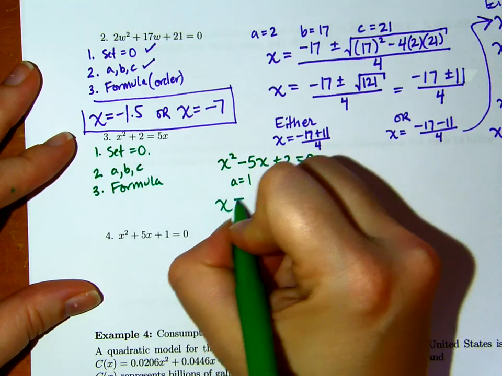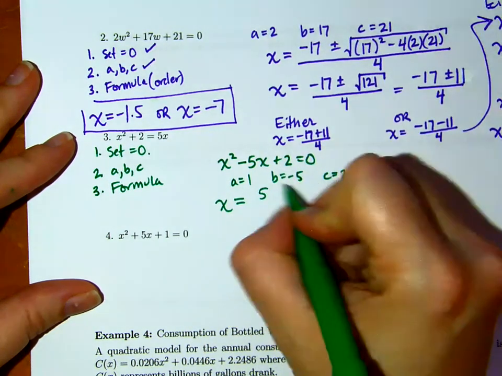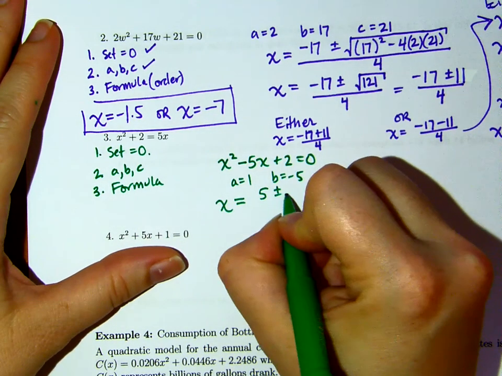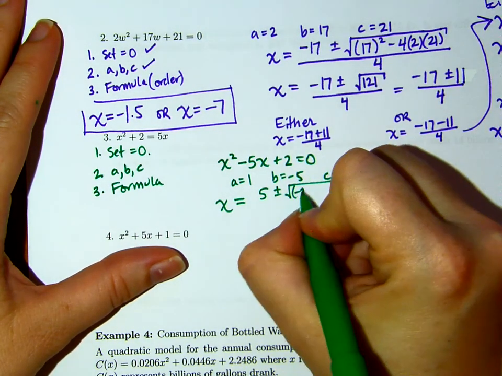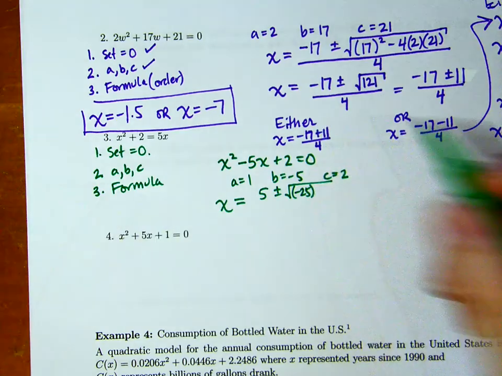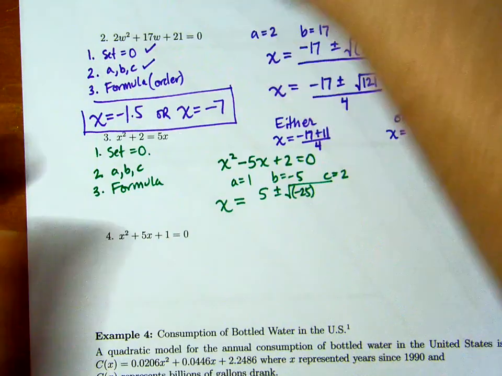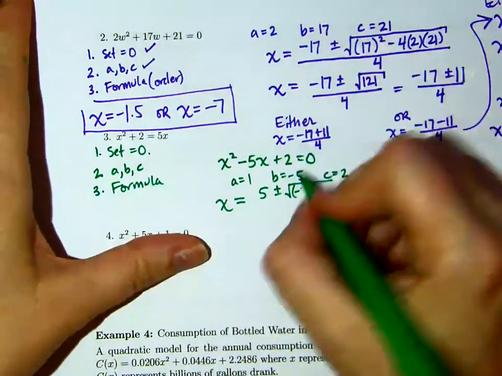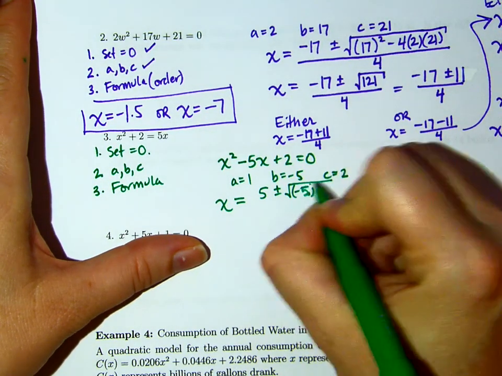So x is equal to positive 5, because that's the opposite of B, plus or minus the square root of negative 5. I just actually squared it on accident. Okay.